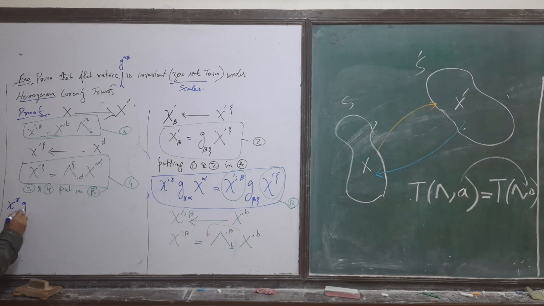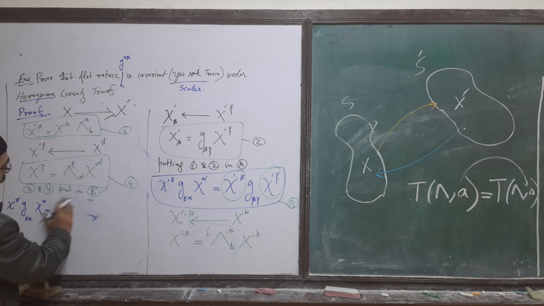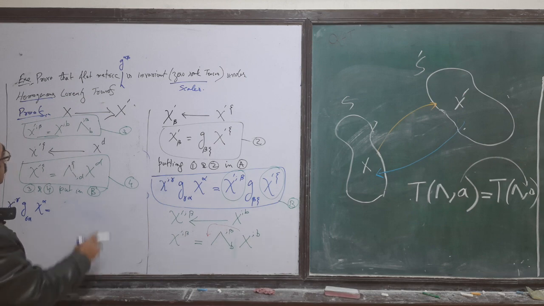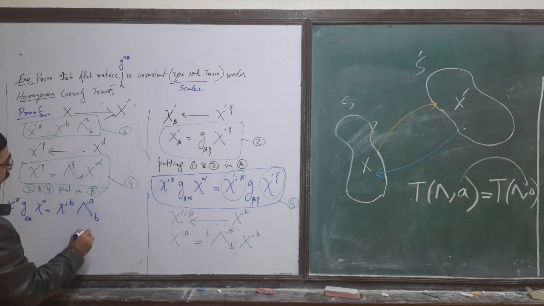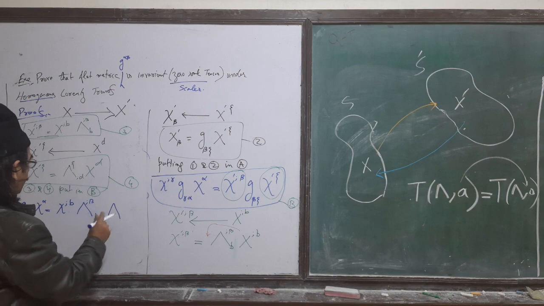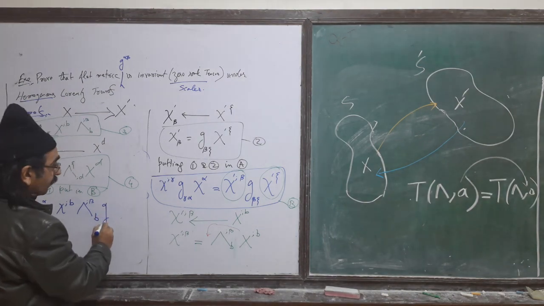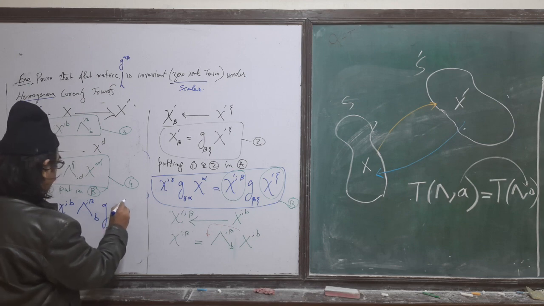X gamma G gamma alpha X alpha will be equal to B beta, G theta xi, beta contracting with G xi.